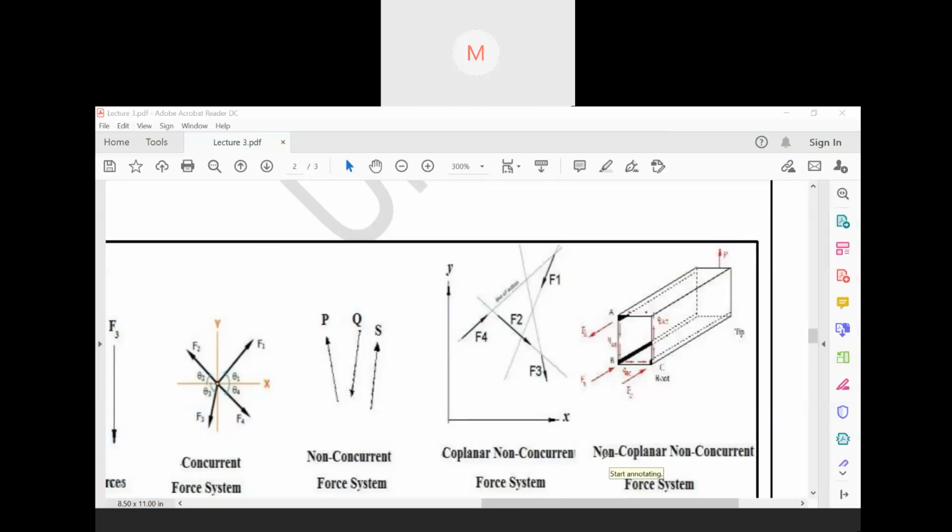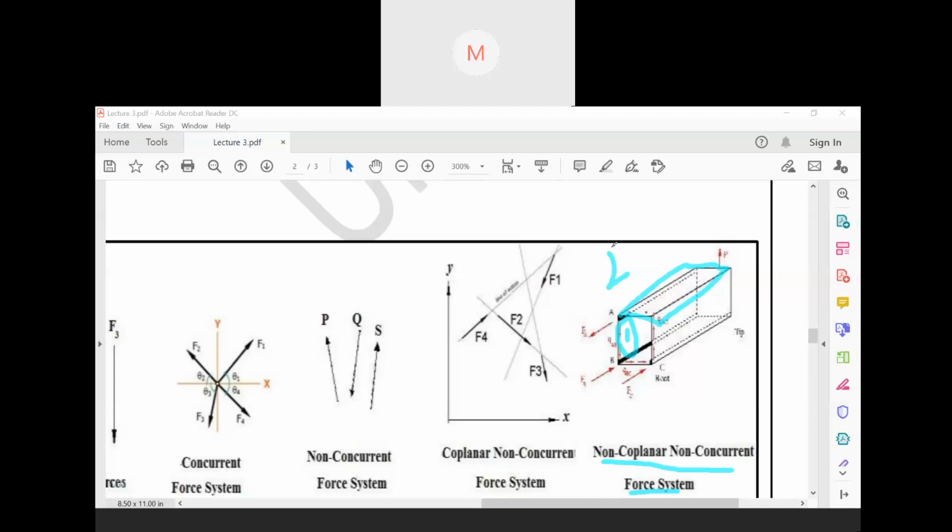Non-coplanar, non-concurrent. So what happens? First of all, non-coplanar. Non-coplanar means what? They don't lie on the same plane. Look, this A, B, C, and D, this one is one plane, right? Yes or no? Now, if you consider this one, this, and this, this is another plane, no? Plane number 2. We can think of it in that manner, no?